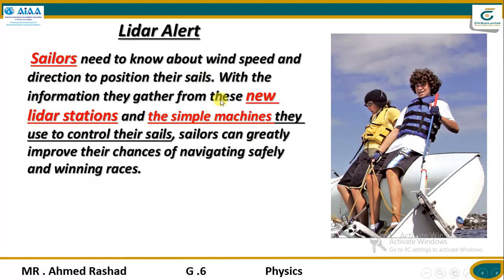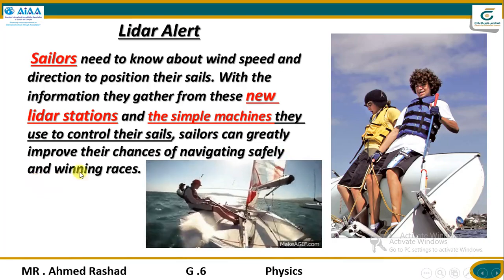But using some technology here, by some stations called ladder alert, with the information they gather from these new ladder stations, using other tools like simple machines, that helps them control their sails. And sailors can gradually improve their chances of navigating safely and winning races.